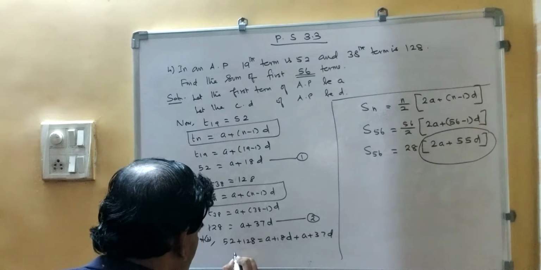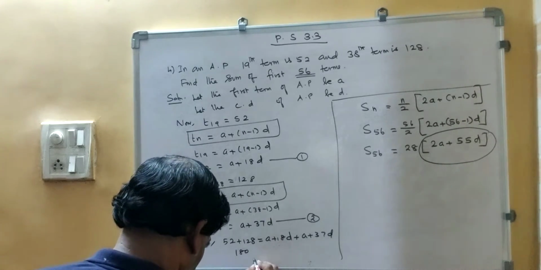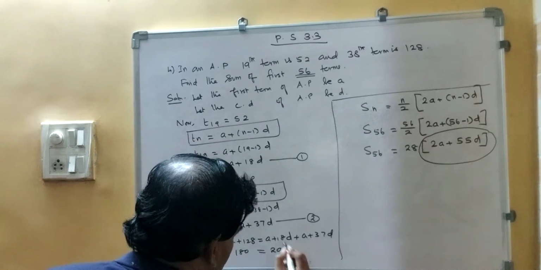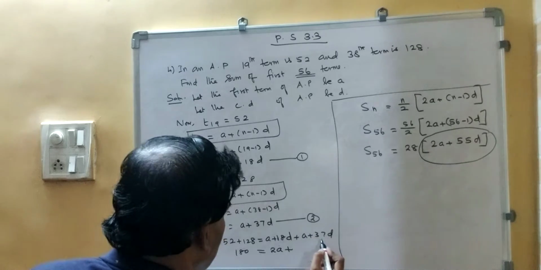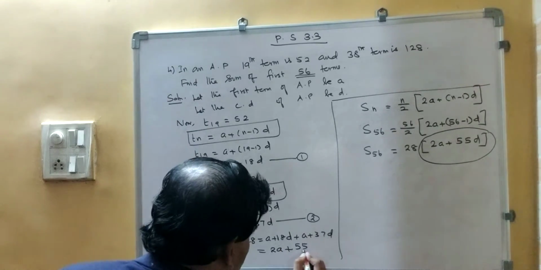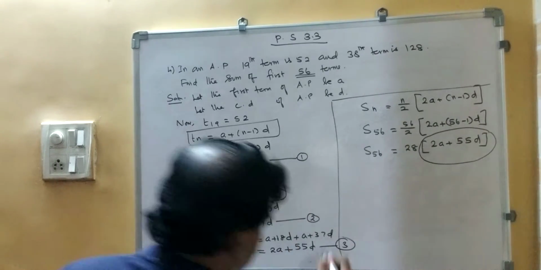So 180 equal to 2a plus (18 plus 37) 55d. Now, this is equation number 3.